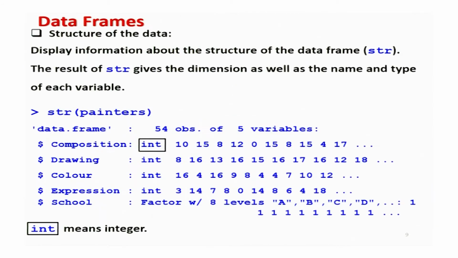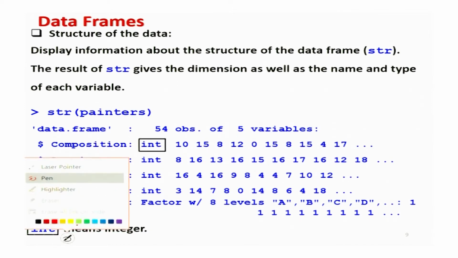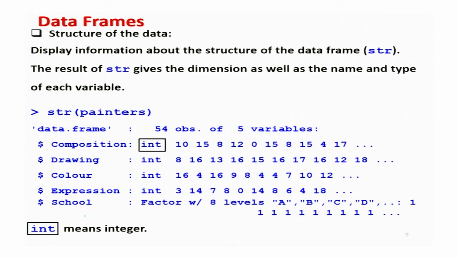Okay, now I come to another aspect, and we consider some more operations which can be done on our data frame. For that I am going to use the data set painters. The first question I address is how you can see the structure of the data frame.